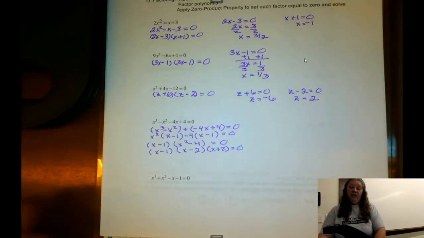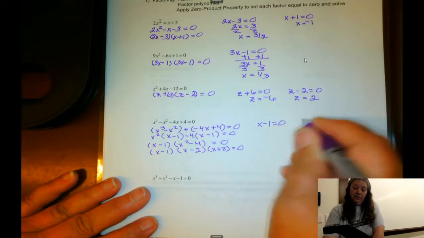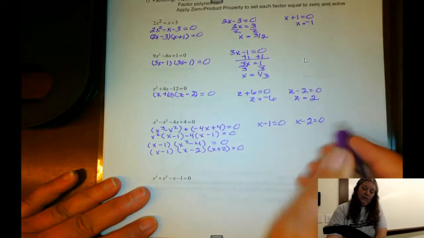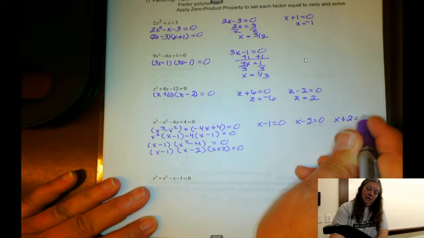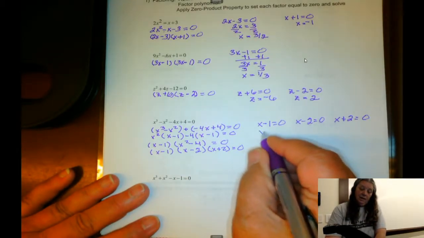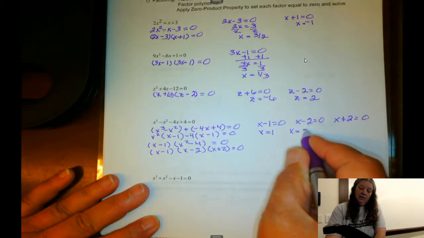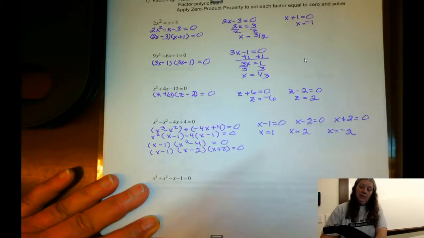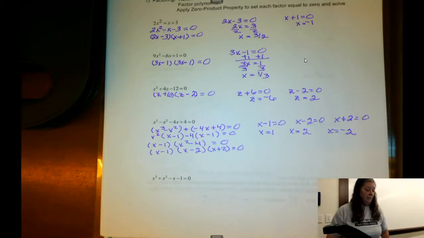So we have 3 factors. So x minus 1 equals 0, x minus 2 equals 0, and x plus 2 equals 0. So we have x equals 1, x equals 2, and x equals negative 2 will be our 3 solutions.